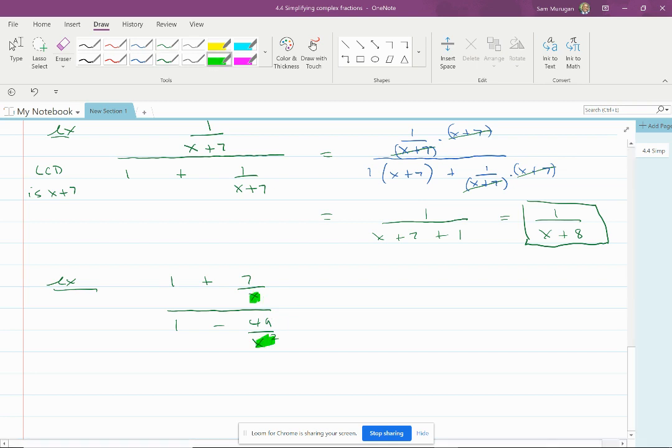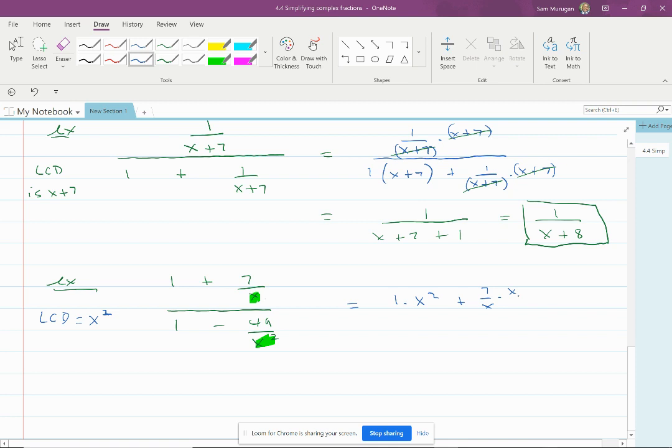Since x goes into x squared, the LCD is x squared. So everything gets multiplied by x squared. 1 times x squared plus 7 over x times x squared.